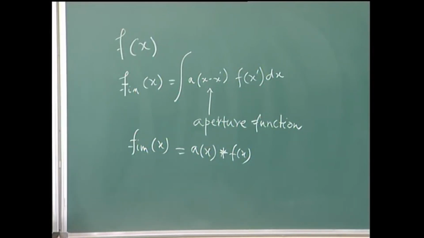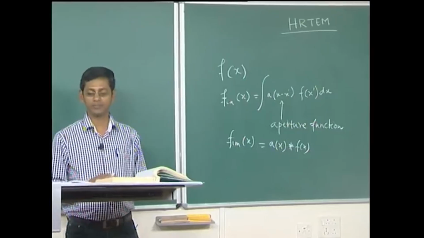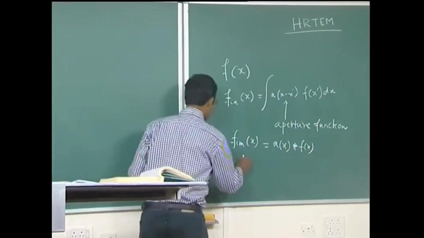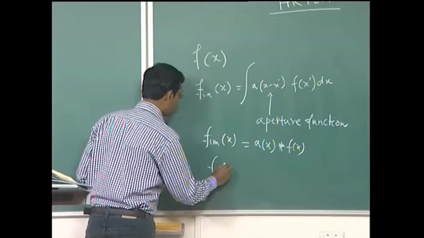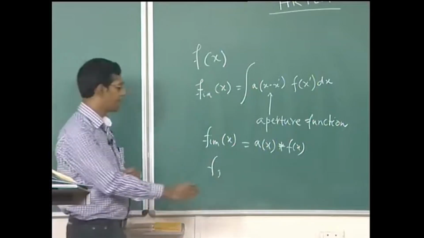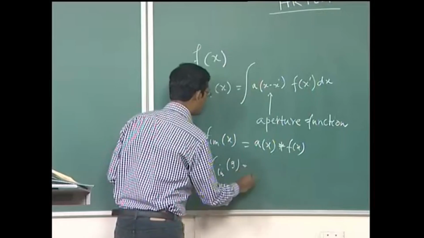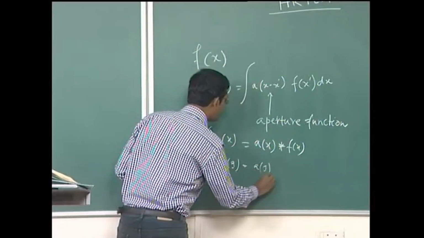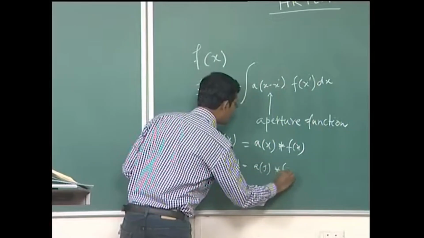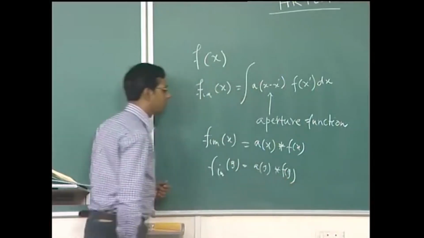And obviously, whenever we form any image, to get the diffraction information one needs to do the Fourier transformation. So, in Fourier space, this expression can be written like this: f_image(g), where g is the spatial frequency, equals the convolution of A(g) and F(g).